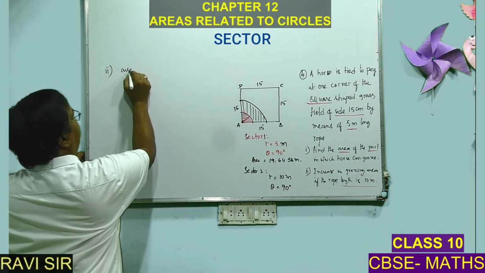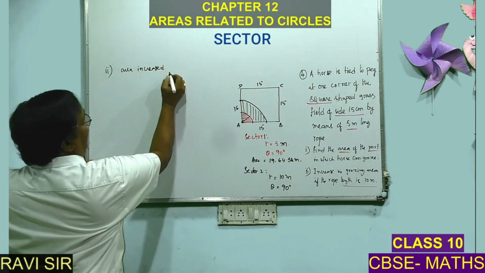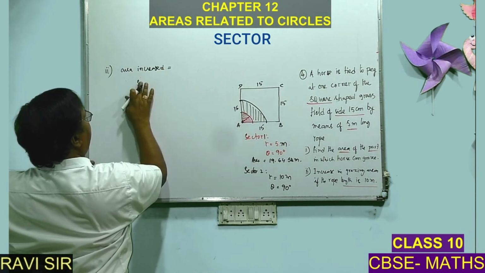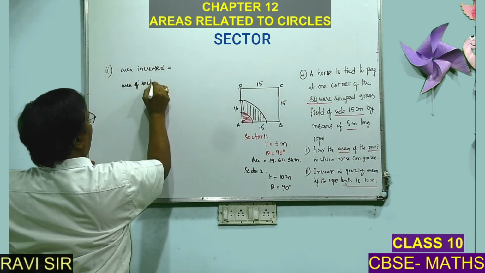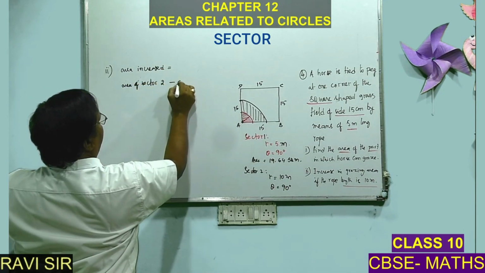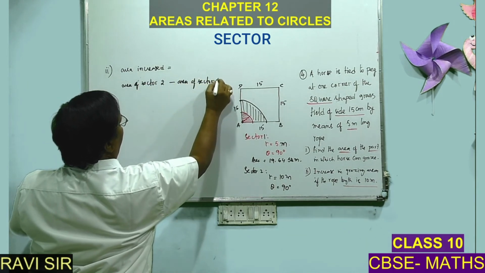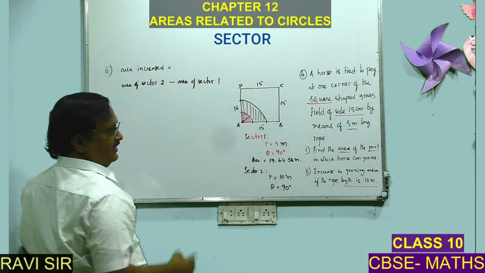is equal to area of sector 2 minus area of sector 1. What is sector 1? Sector 2 I have indicated here.